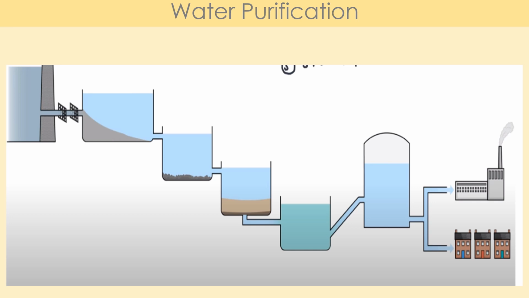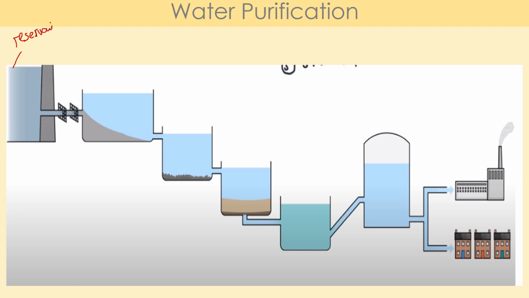So we've got a few things here just showing what's going on and how we can make our water. So I'm going to annotate this diagram, so copy it down or follow along with it. So our first bit, we have a reservoir.